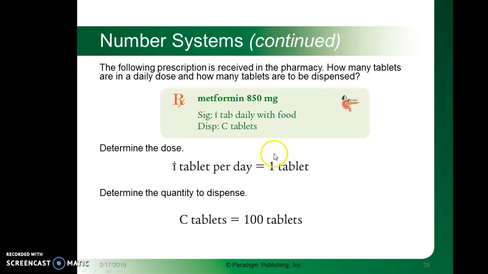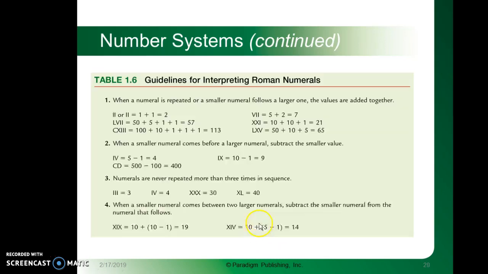So the dose will be 1 tablet. You're taking 1 tablet daily with food. Next, determine the quantity to dispense. C signifies 100, so C tablets is equal to 100 tablets. So you will be dispensing 100 tablets.